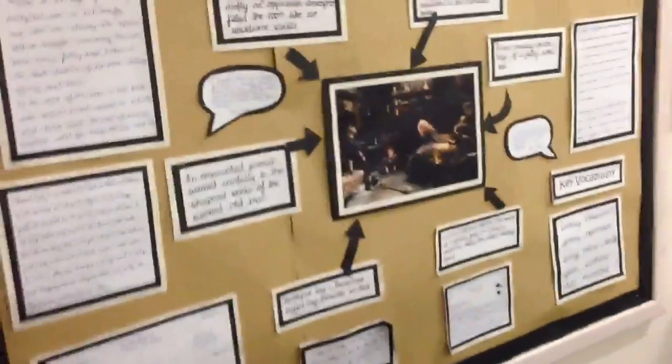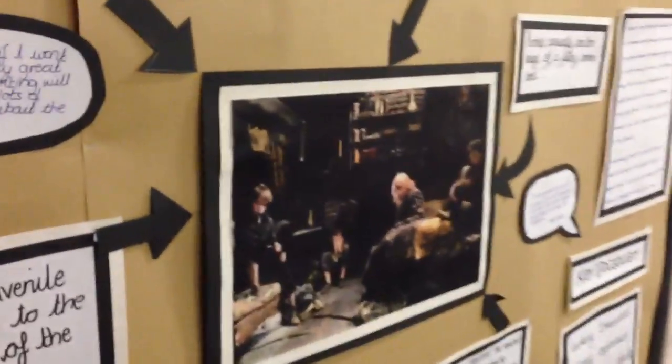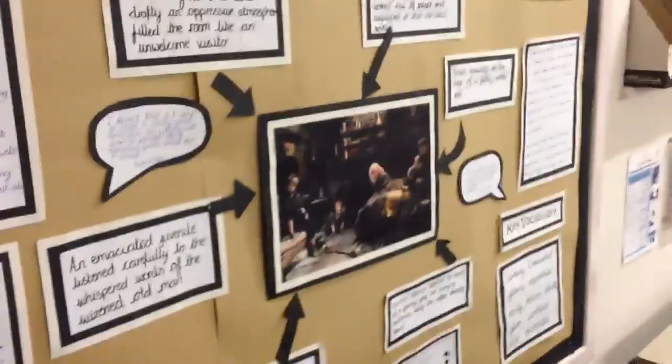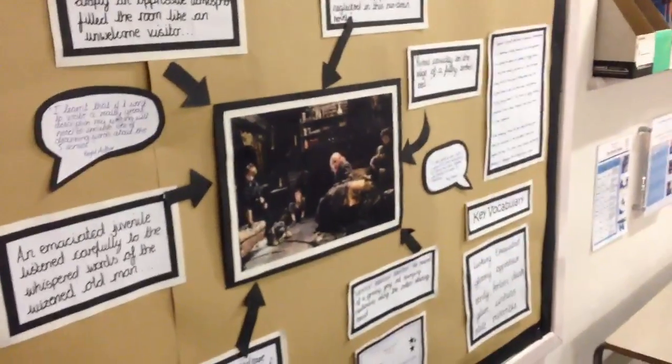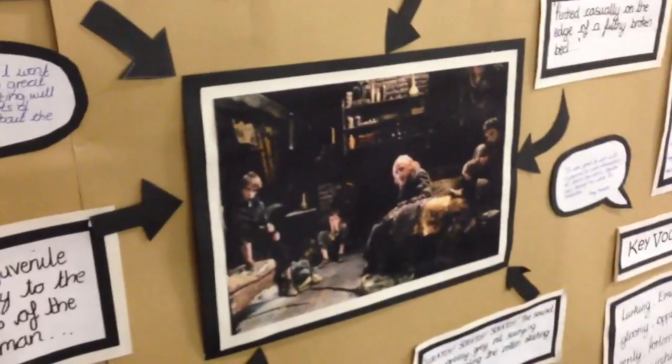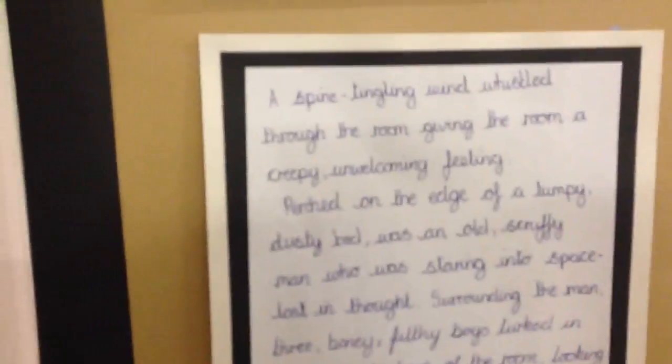Here's some literacy work, which is linked to the text they were reading in the autumn term, which I think was Oliver Twist. And here's some examples, some writing from that work.